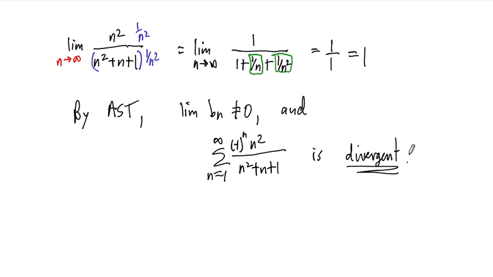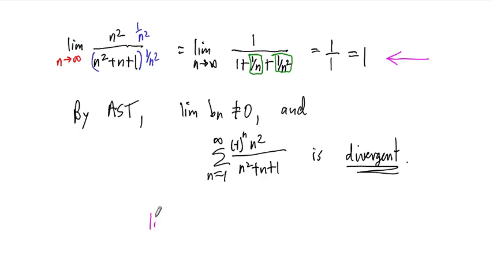At this point you're probably thinking, well, couldn't I have just used the test for divergence? Because if this limit is 1, then the values of the terms of the series alternate between 1, negative 1, 1, negative 1.